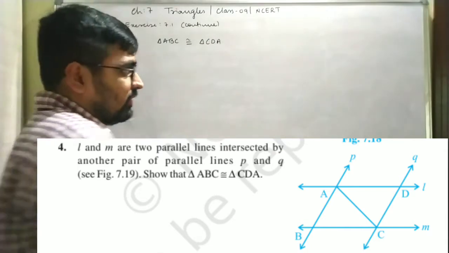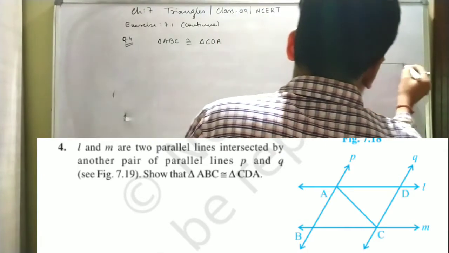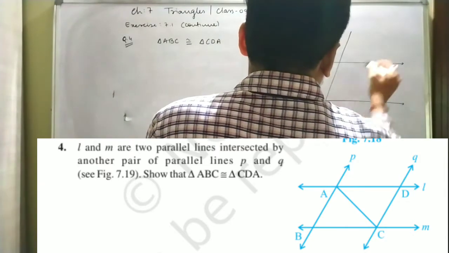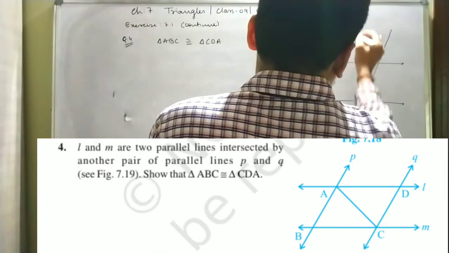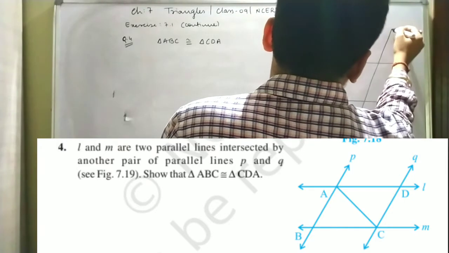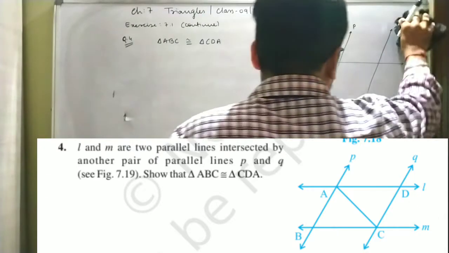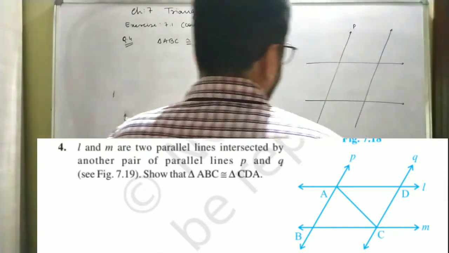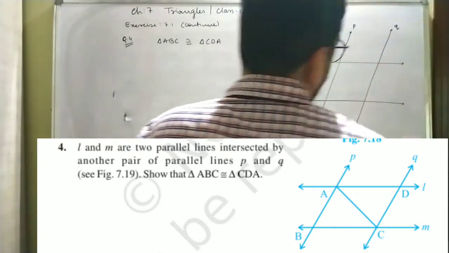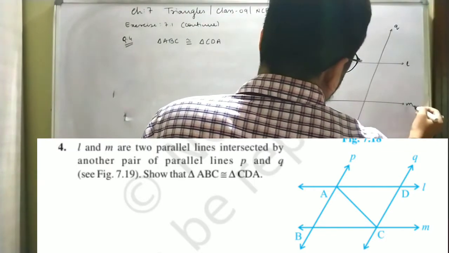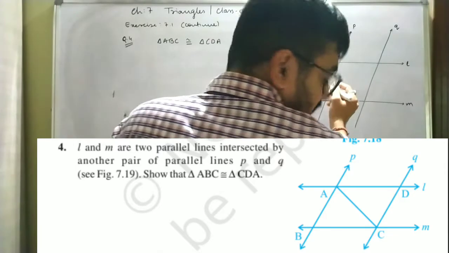We have the figure available, so we have two lines like this, first, second, and to that two more parallel lines like this. Let me say this is P, this is Q, as per the question given in the figure. Over here L and M, and the points A, B, C, D are also given.